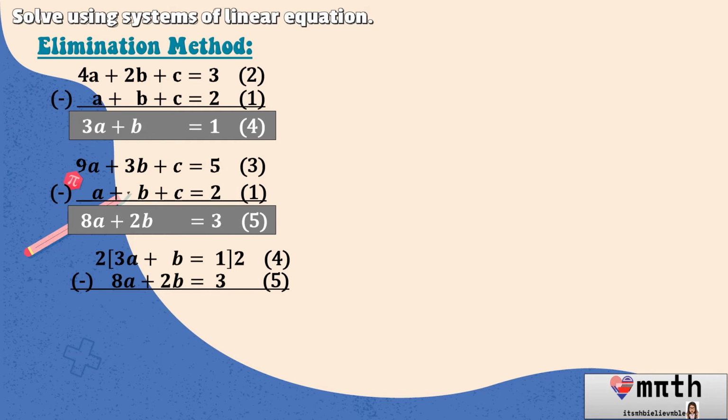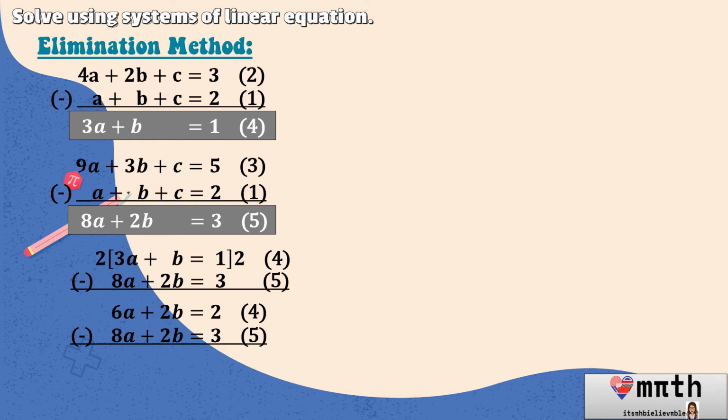Multiplying 2 on both sides in equation number 4, that will be 2 times 3a, that will be 6a. And 2 times b, that will be 2b. 2 times 1, that will be equal to 2. Then, let us copy the equation number 5.